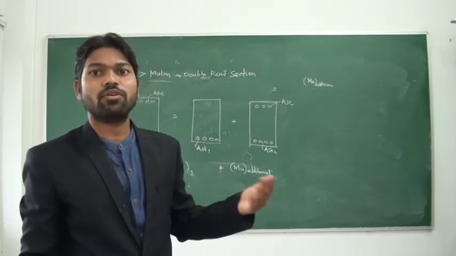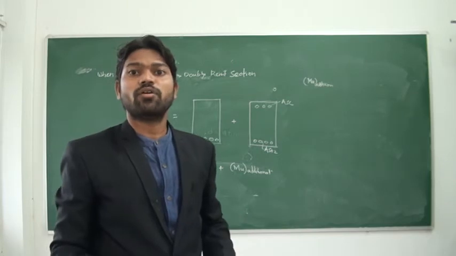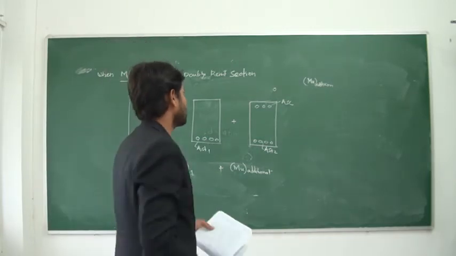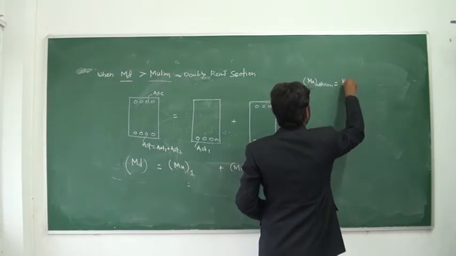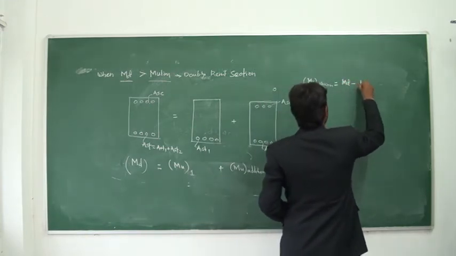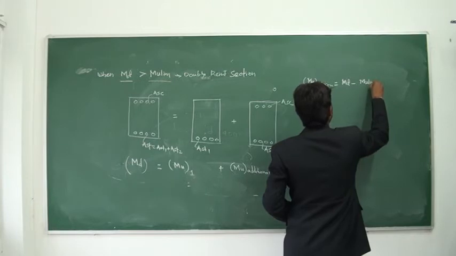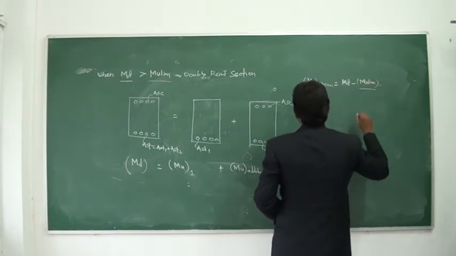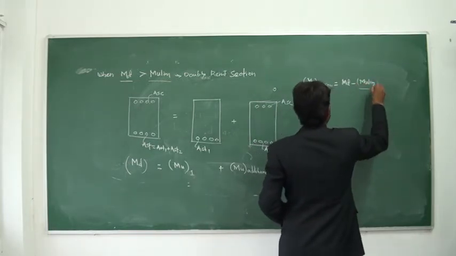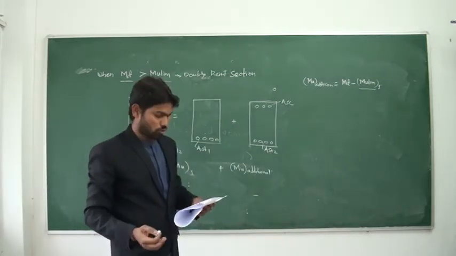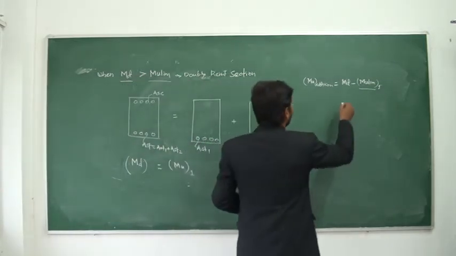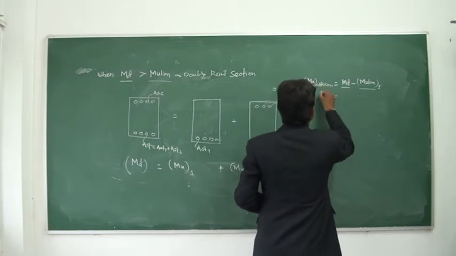So in that case MD was greater than Mu limit or Mu1. So it means there is one additional bending moment which is equal to MD minus Mu limit. Or you can see it as Mu1; we will denote Mu1 or Mu limit both ways. So this is your Mu additional.